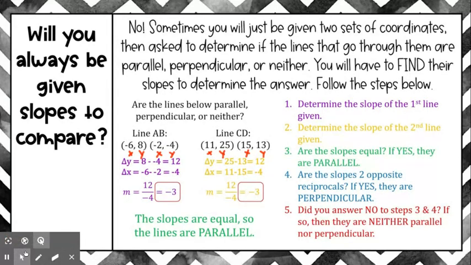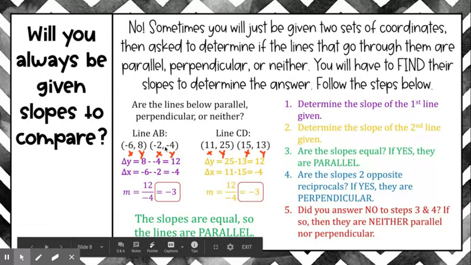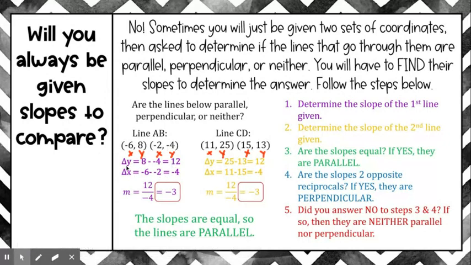So our next step is we need to solve for the change in Y. So our change in Y is 8 minus negative 4. And when you minus a negative, it's like adding. So 8 plus 4 is 12.